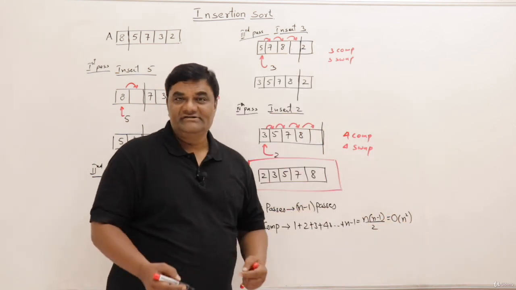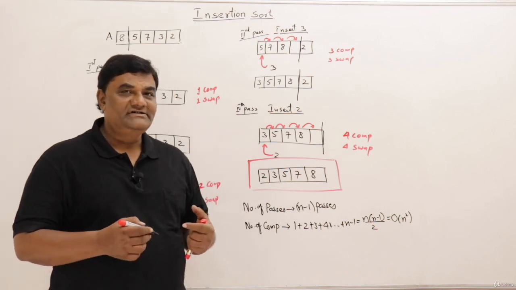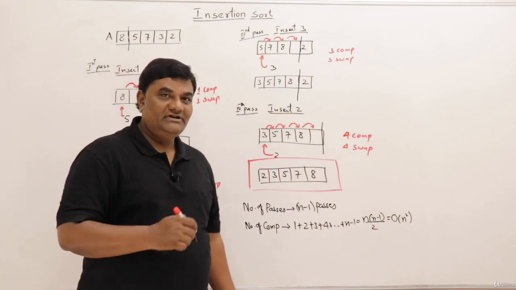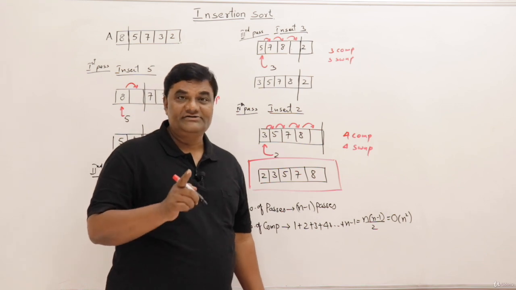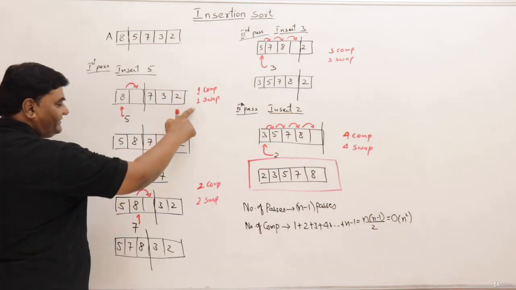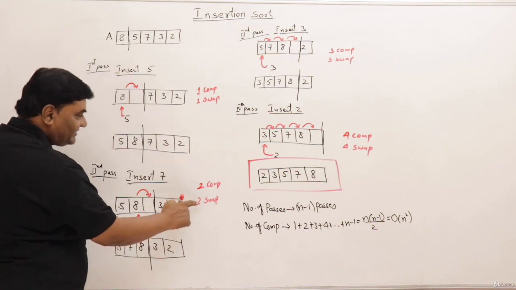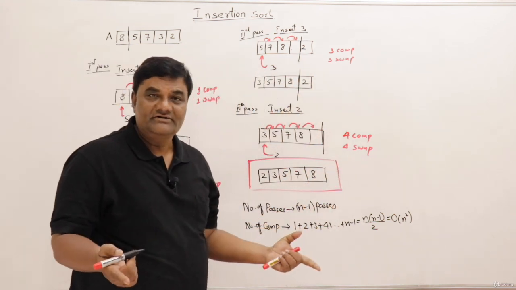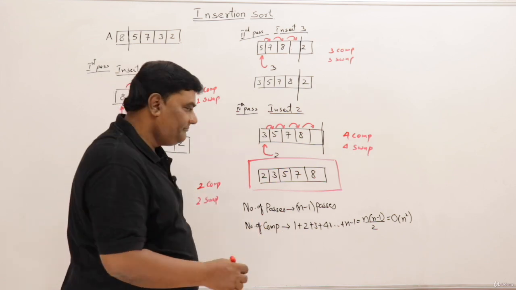As the number of comparisons are taken as the time complexity of the algorithm, so time complexity of insertion sort is n square. Maximum time taken by insertion sort is n square. Now what about the swaps? Here 1 swap, maximum 2 swaps, right? Then 3, and 4 swaps. So for swaps also same as number of comparisons.